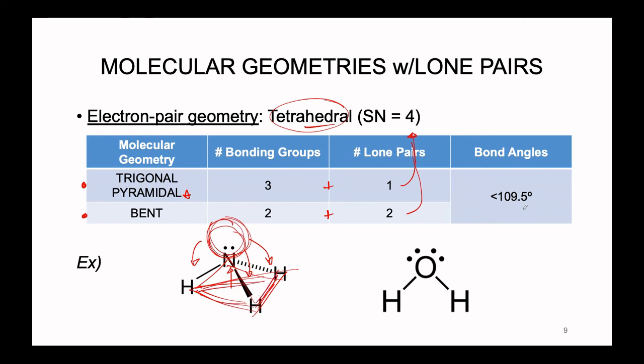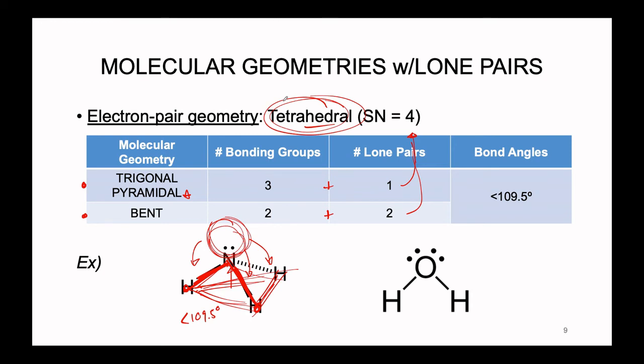The bonding angle from hydrogen to nitrogen to hydrogen is going to be a little bit less than 109.5 degrees. All right, for the same reason as the SO2 previous bent example, we would expect to see a bonding angle that is pretty close to that of the normal electron pair geometry, right?